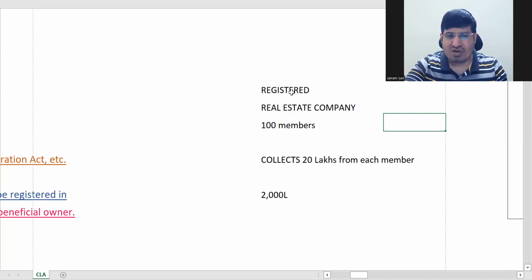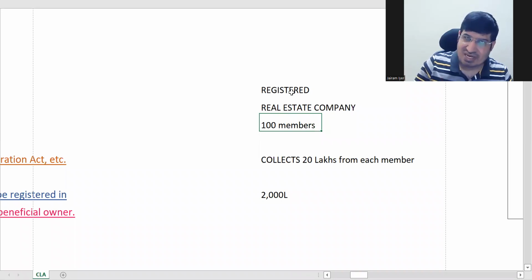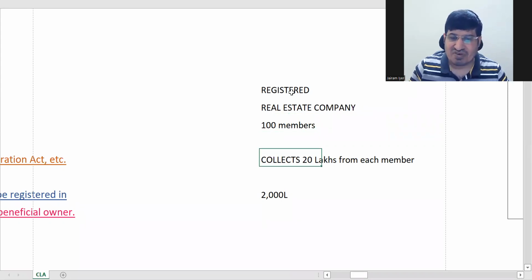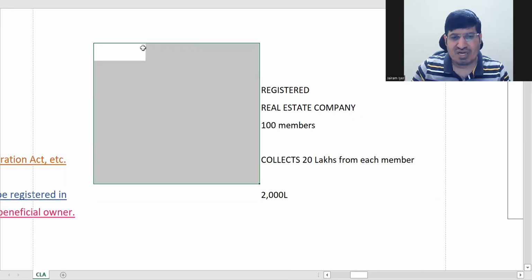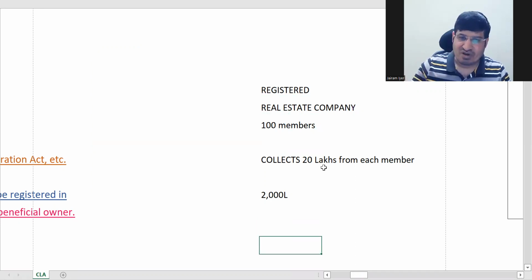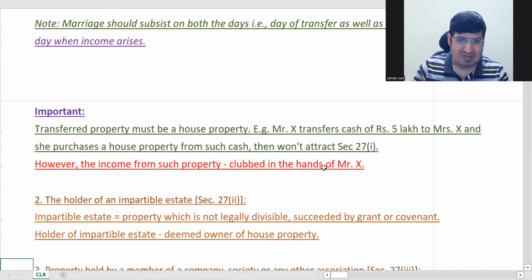Same thing: the company will sell shares and collect money. Suppose there are 100 members of the company, it will collect money from all of them, and out of that money they will build a property. Then based on their shareholding they will allot properties. The same thing happens for a real estate company as well.